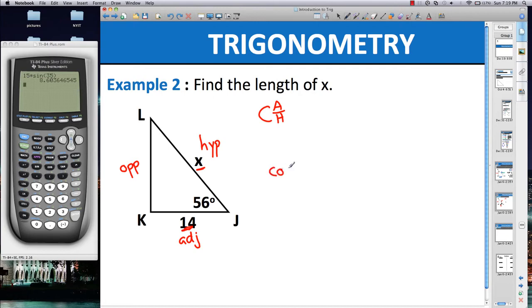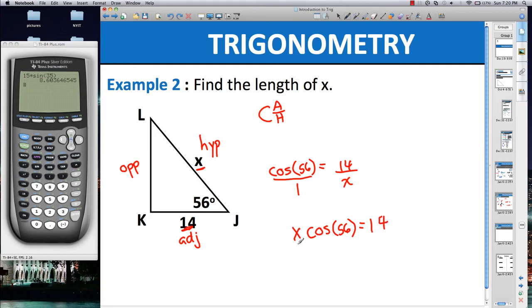So cosine of 56 equals adjacent over hypotenuse. So we'll put cosine of 56 over 1 and cross multiply. So x cosine of 56 equals 14.